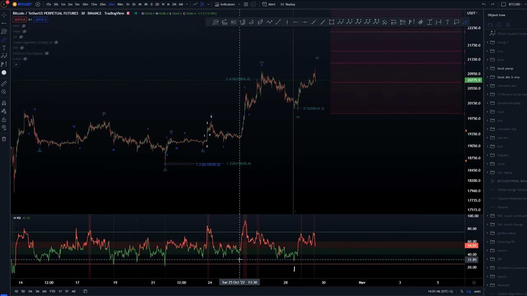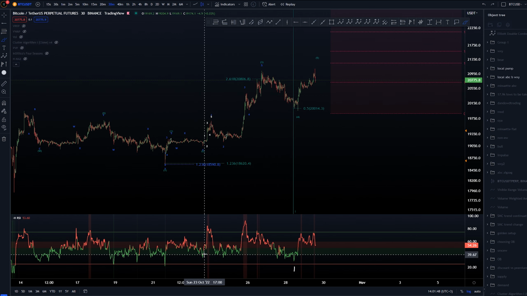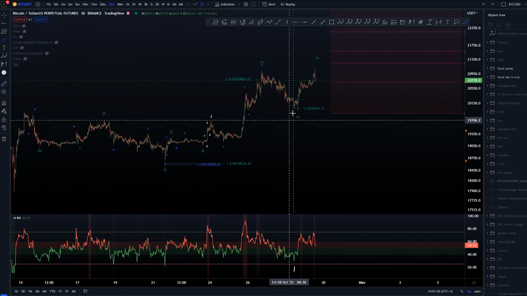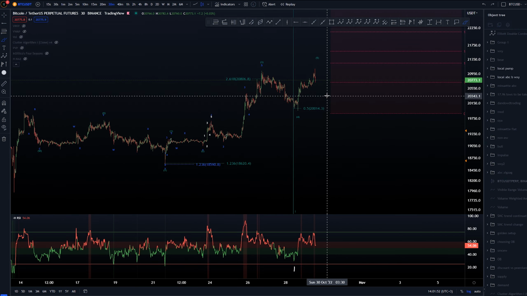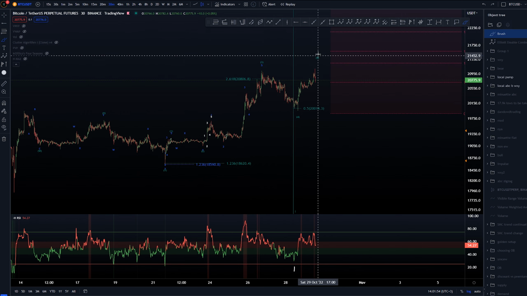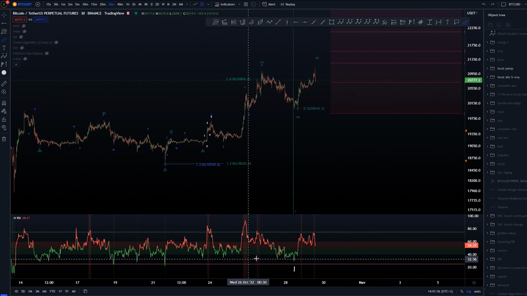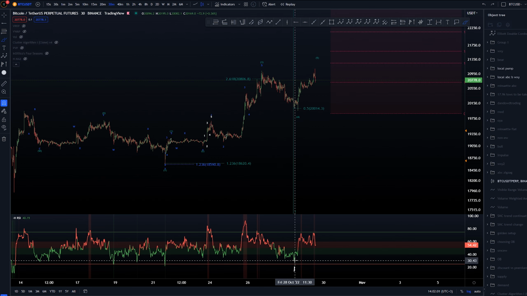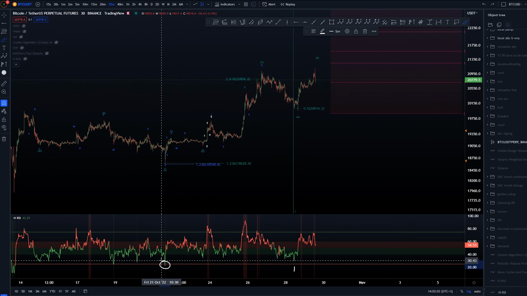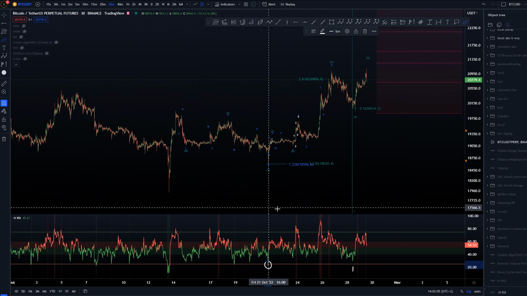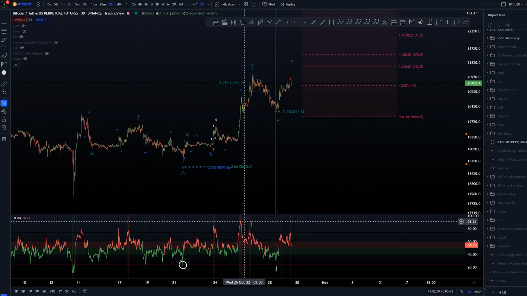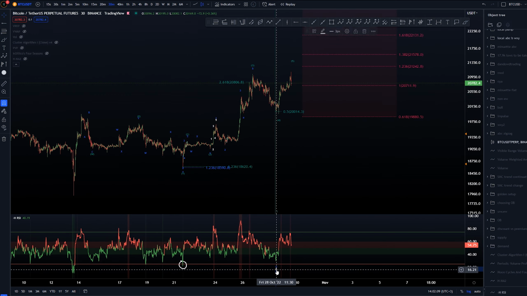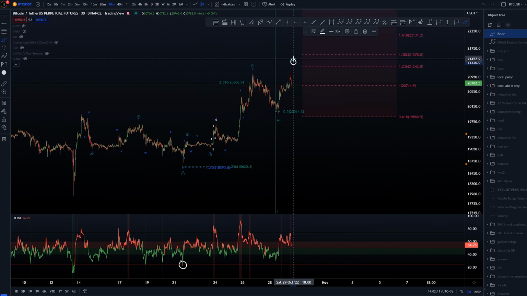Now we have already taken out the lows that we had for this wave 2 here, so it is possible that we have already started to correct downwards, and the whole fifth wave was actually in here. If we look at this here, we can see that we have not taken out the start of this whole structure, so that is still giving us confidence that there is a possibility in which we are still within that fifth and looking for this fifth here.